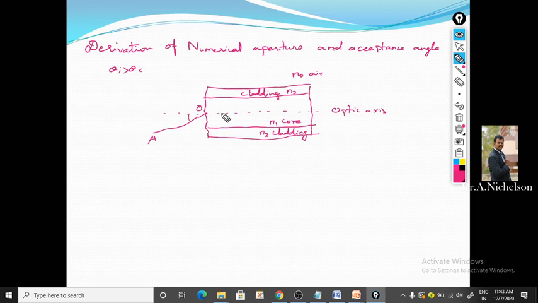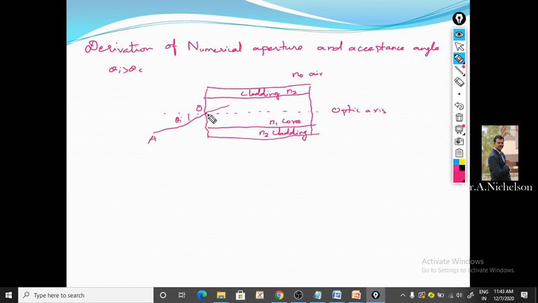Now here it gets refracted. It is refracting a little because this is one medium, this is another medium. Rarer to denser medium will undergo refraction. So when it refracts, at this place it forms an angle theta r, the angle of refraction.